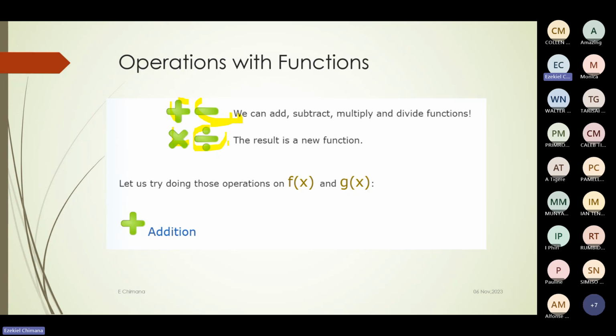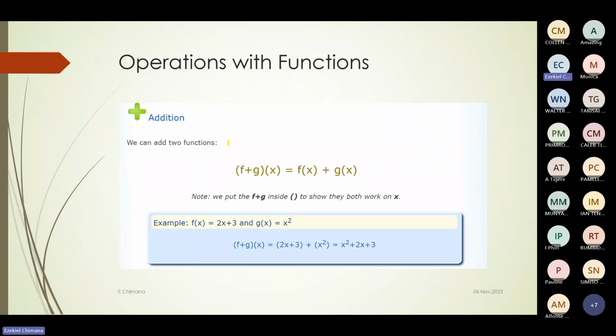So let us try doing those operations on f of x and g of x. If you are given f plus g of x, you are supposed to just add the two functions. For example, f of x is 2x plus 3 and g of x is x squared. So it's f of x plus g of x, which is just 2x plus 3 plus x squared. That's what you have.